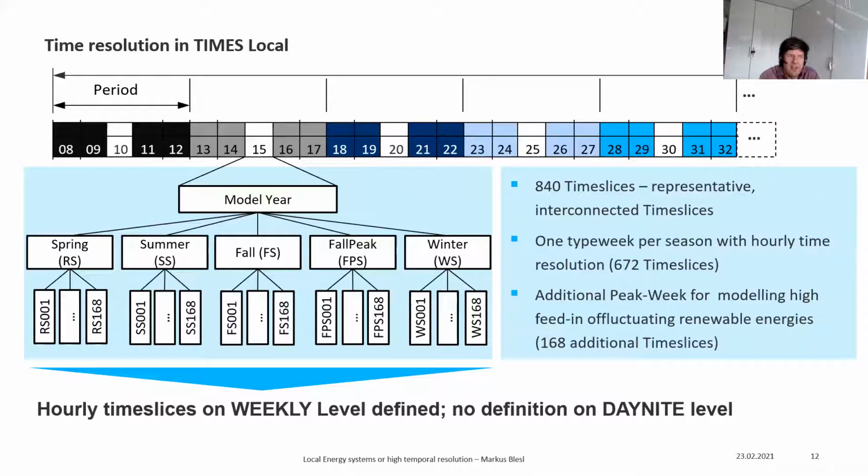But we also have a speciality. As I showed before, you normally split up the year into the four seasons. Normally you have the effect that there are some special situations, for example when modeling the fluctuating renewable sources.